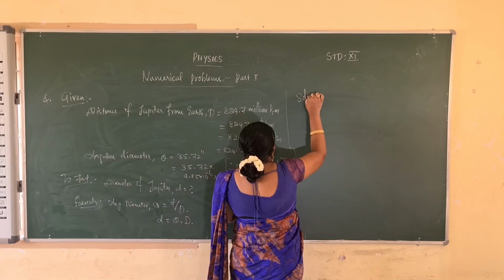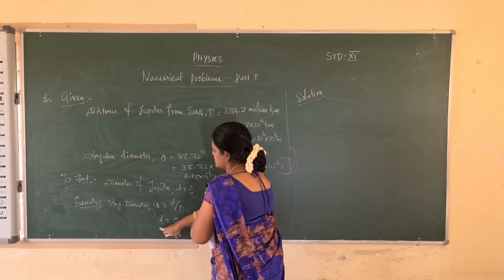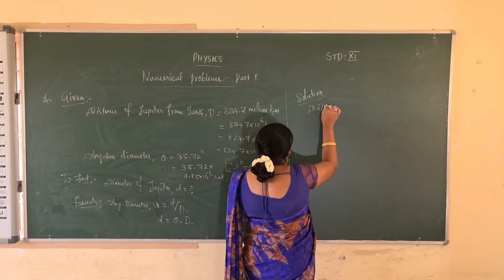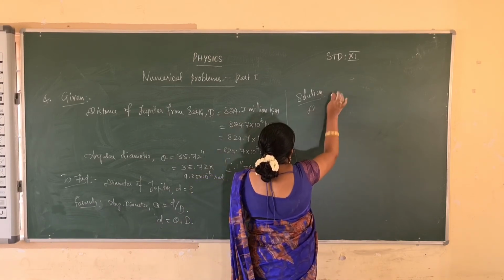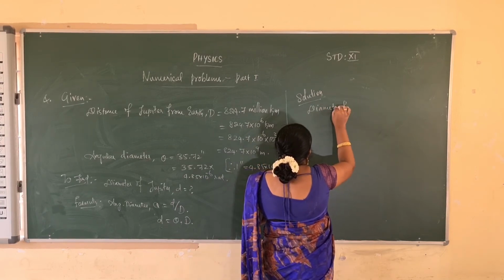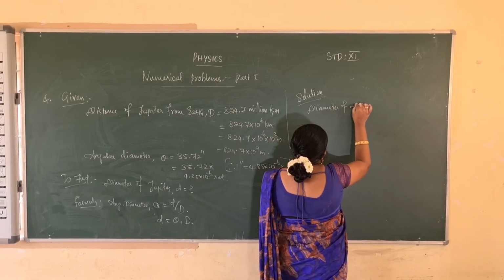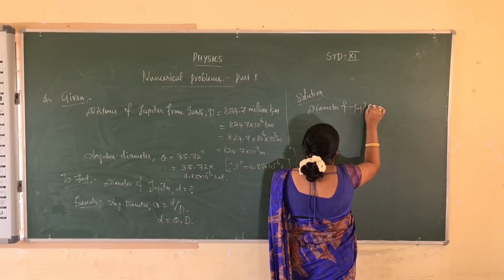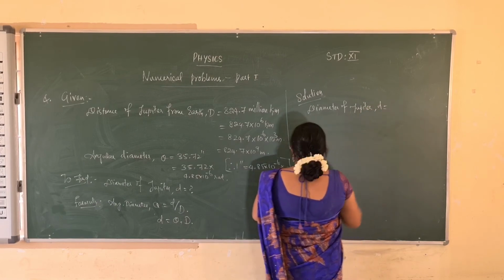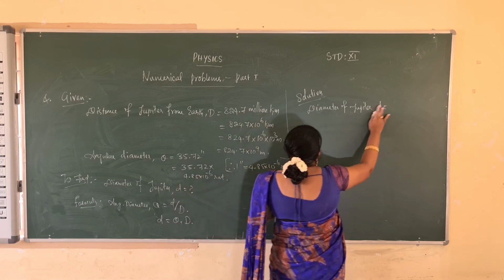Solution. The formula is d is equal to theta into D. So diameter of Jupiter, d is equal to, substitute the theta value and D value. What's the theta value?